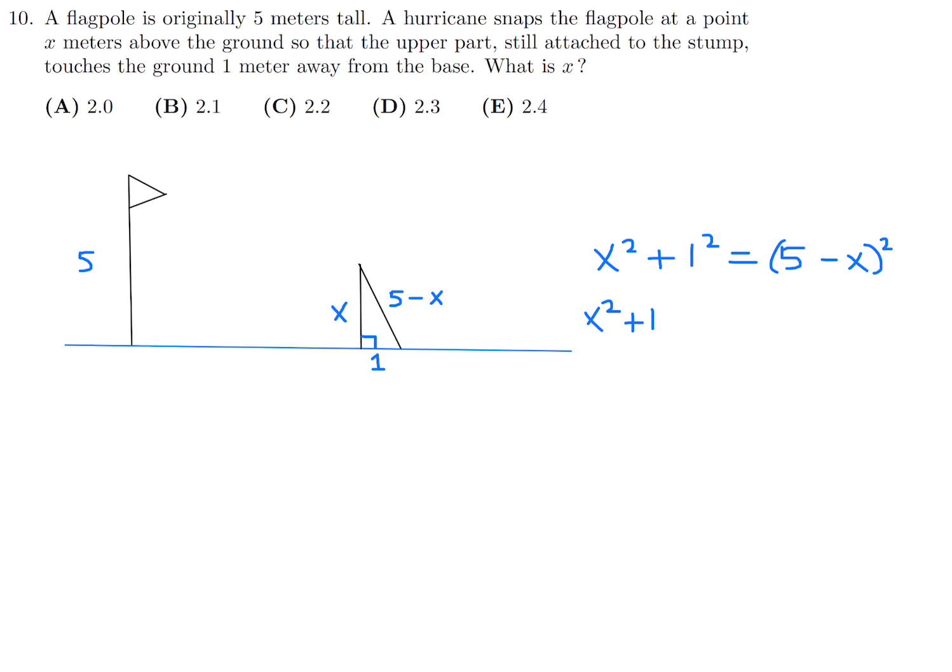So x squared plus 1 is equal to 25 minus 10x plus x squared. The x squareds cancel, and we just get 24 is equal to 10x, and therefore x is equal to 24 divided by 10, which is 2.4. So number 10, the answer is E.